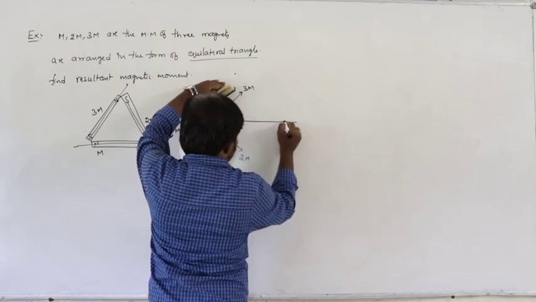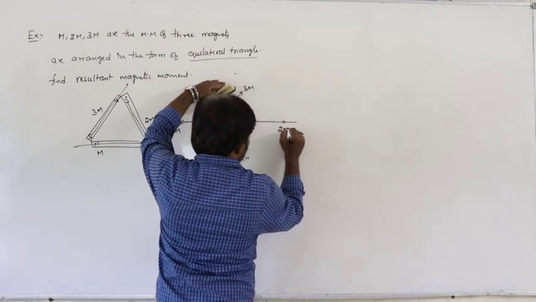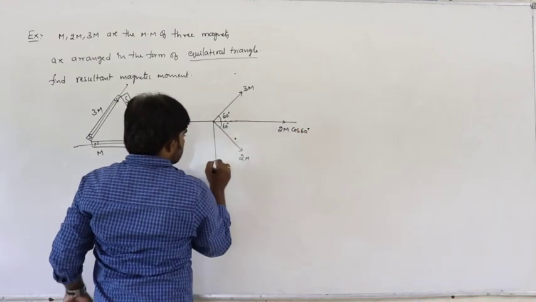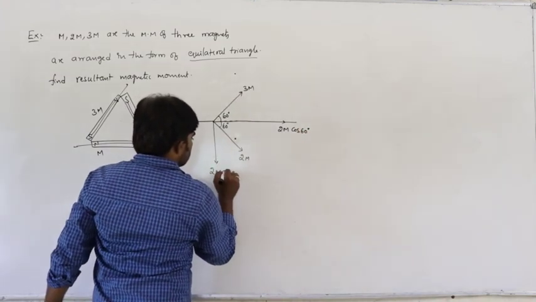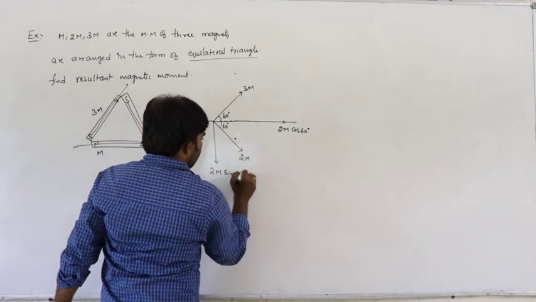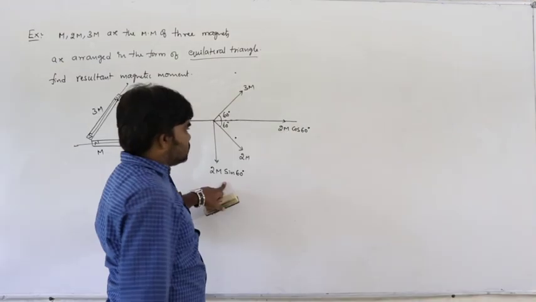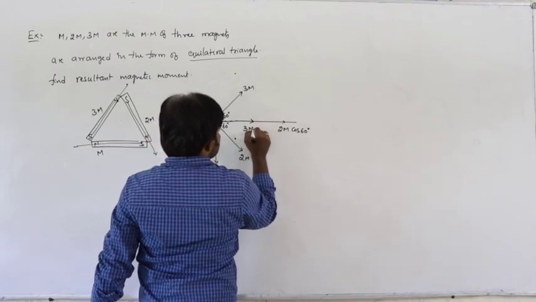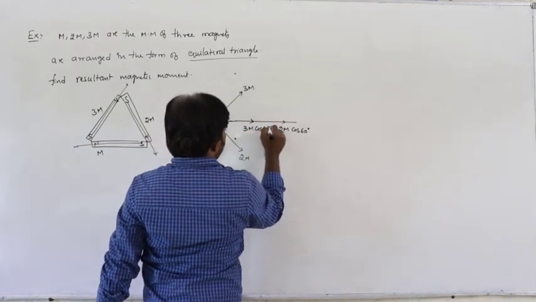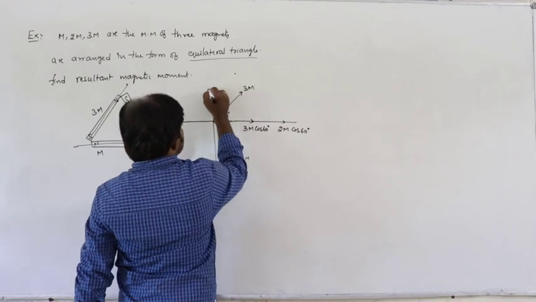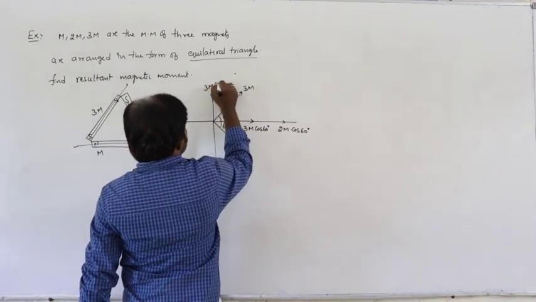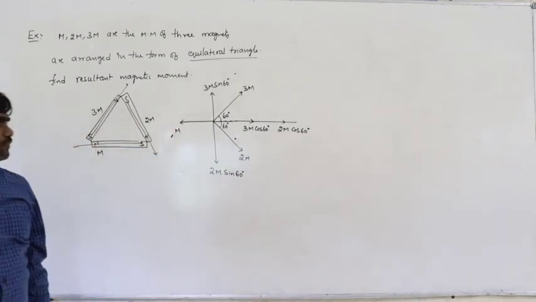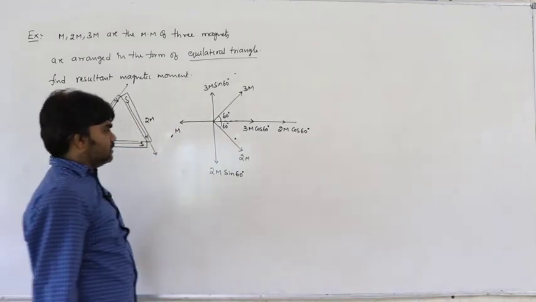Let us say it is 2M cos 60 in this direction and 2M sin 60 in this direction. Next, 3M also divides into two components. This is 3M cos 60 and 3M sin 60. Just based on resolution of vectors.